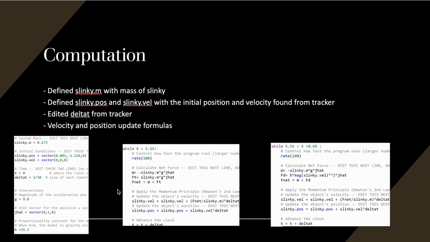And then I use the velocity update formula in both time steps and calculate the object's new velocity. And then I use that to find the new position using the position update formula. And then I printed out the time and y position of the slinky to use that data for the graph.